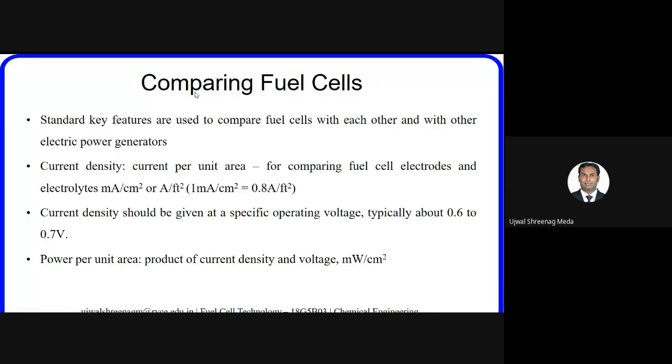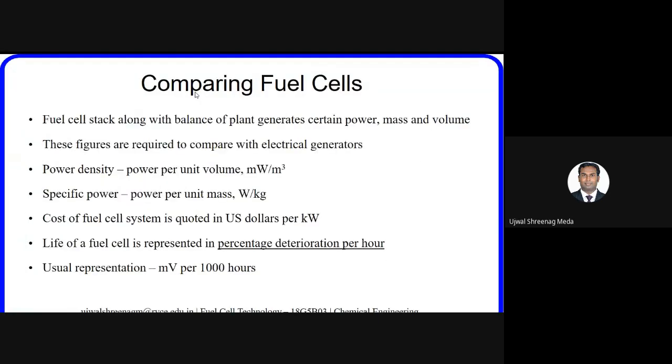So power per unit area; power per unit mass, that is specific power, watt per kilogram; power density, power per unit volume, so milliwatt per meter cube. So don't get confused between current density and power density.